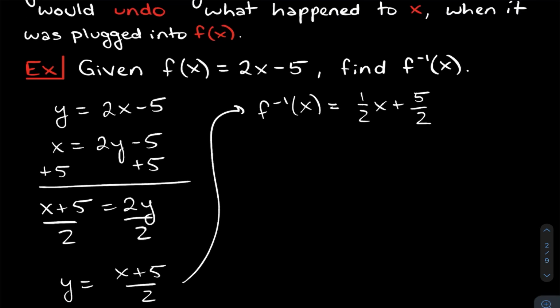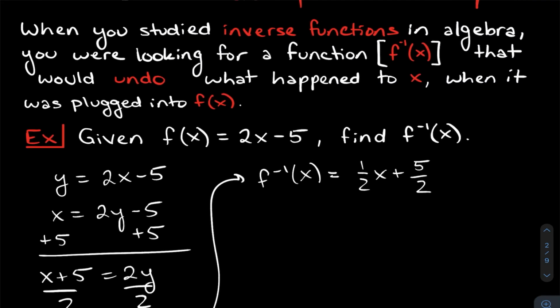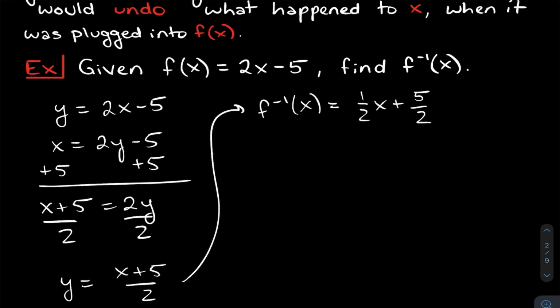And so, I talked about how this inverse function reverses all the things that f of x did to x. How do you actually write that? How would you show that? Well, we know that f of x is 2x minus 5.